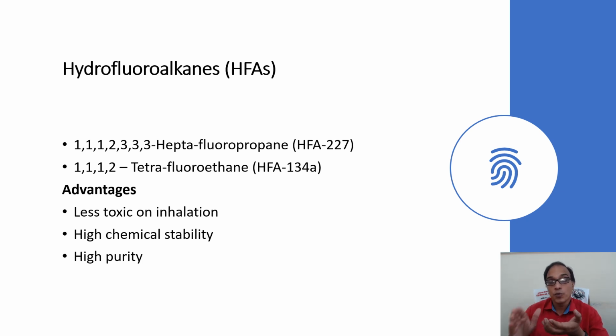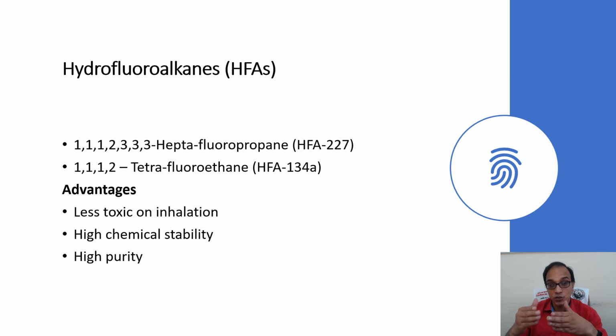1,1,1,2,3,3,3 heptafluoropropane. We discussed this nomenclature in the example. Remember, it is HFA227. Many times it is asked what is HFA227. So it is replacing basically the CFCs. So you will have to give the complete structure on the basis of that nomenclature. 1,1,1,2 tetrafluoroethane. It is HFA134A. Okay, it is one of the best alternatives.